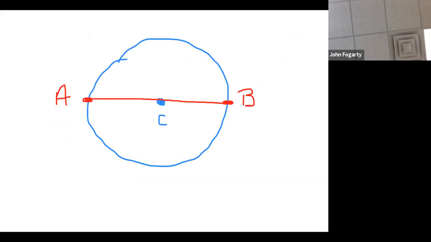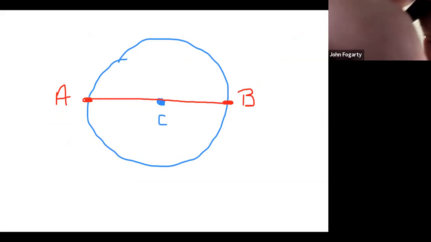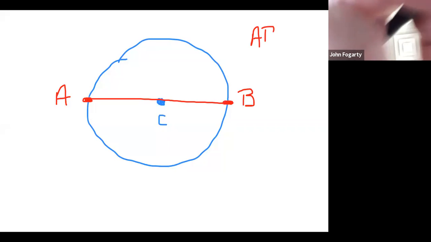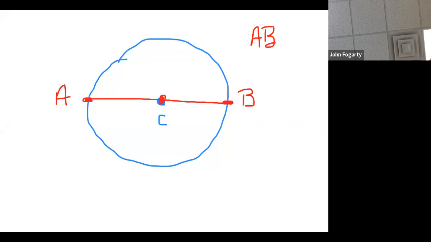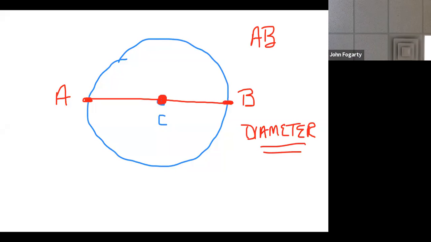They're both on the circle. So AB is technically a chord, but it's a chord that goes through the center of the circle. What would we call that? We call that a diameter. So any chord that goes through the center of a circle is called a diameter.